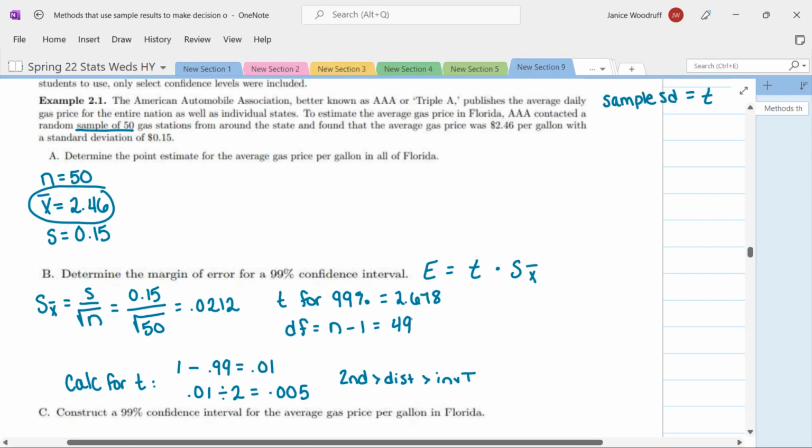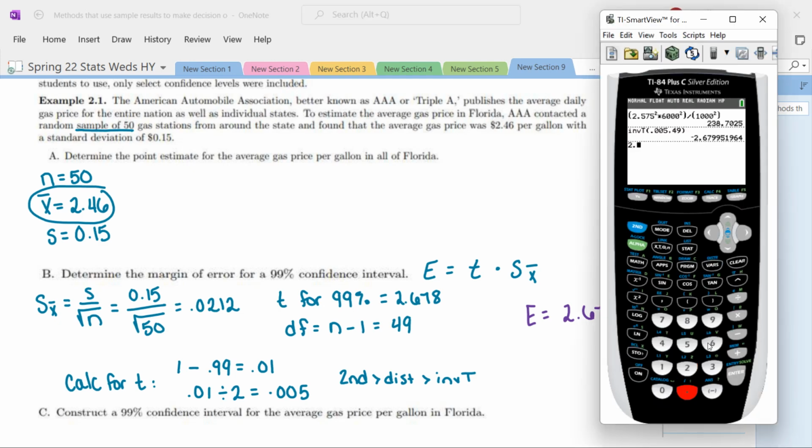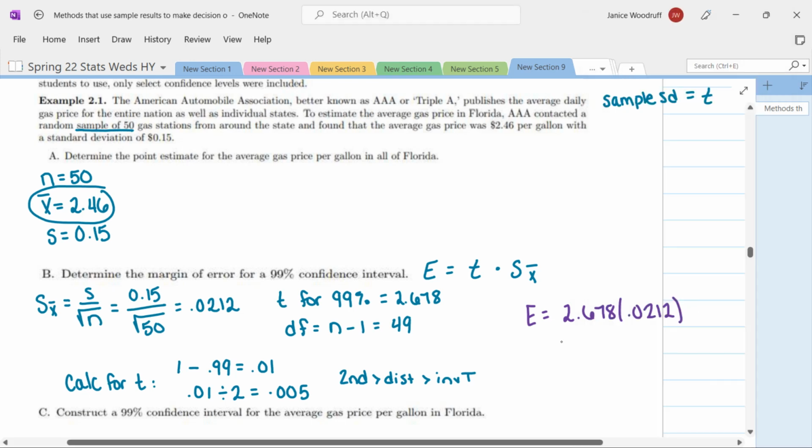All right, so we have our t, we have our standard deviation, so let's find our margin of error. So 2.678 times 0.0212. It's going to give us 0.0568.